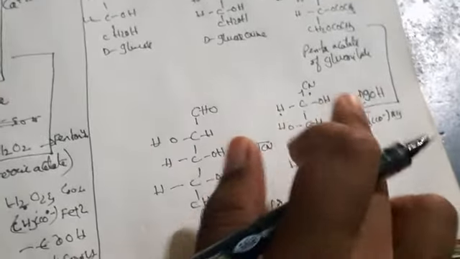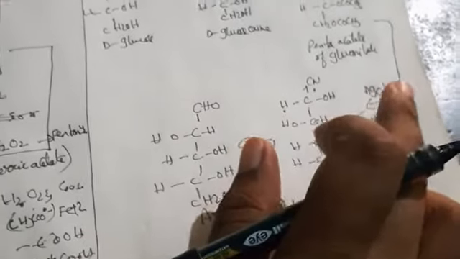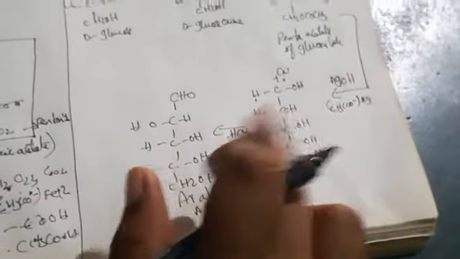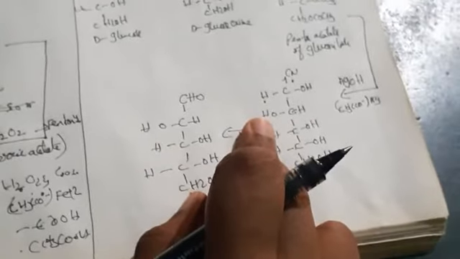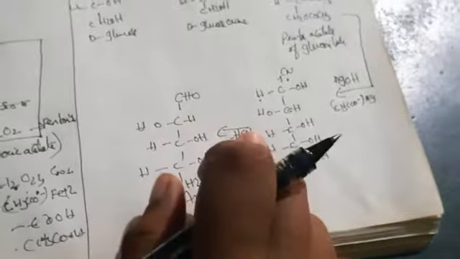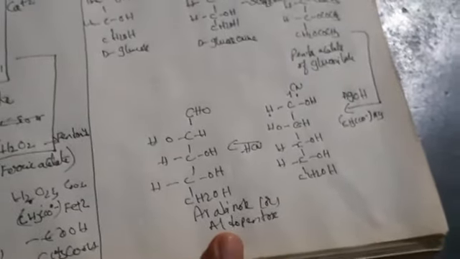When we treat with AgOH, the acetate group is lost and OH is going to form. After that, when we treat with ammoniacal silver nitrate, Tollens reagent, it loses HCl and forms arabinose, the aldopentose.